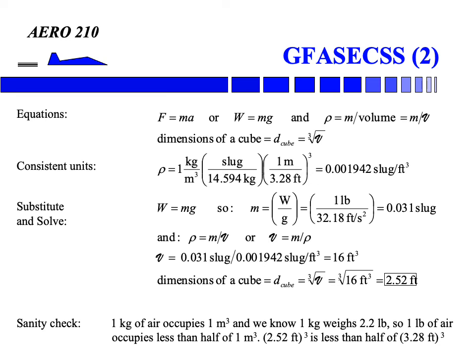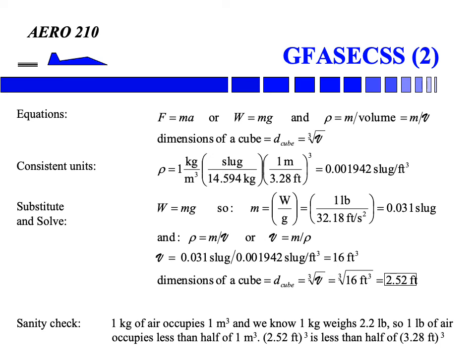So the volume is equal to our 0.031 slugs divided by the density, and that gives us an answer of approximately 16 cubic feet. The dimension of the cube then, our third equation, is just the cube root of the volume. So we take the cube root of 16 cubic feet and we get 2.52 feet. And we box that answer because that's our final answer.